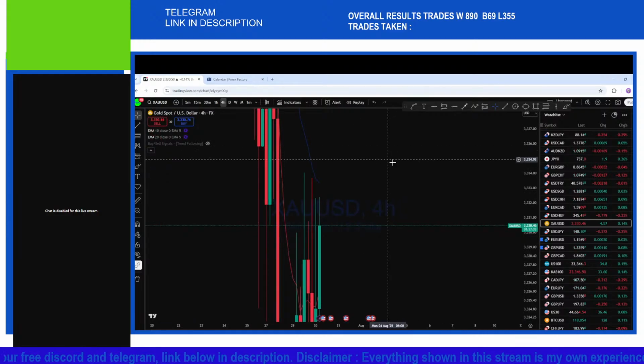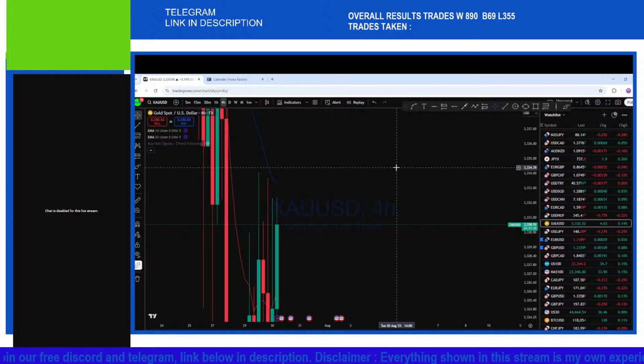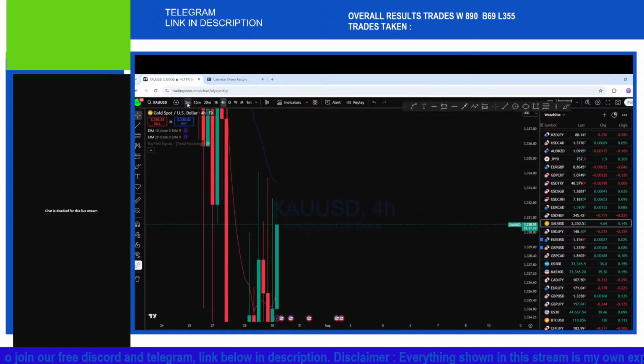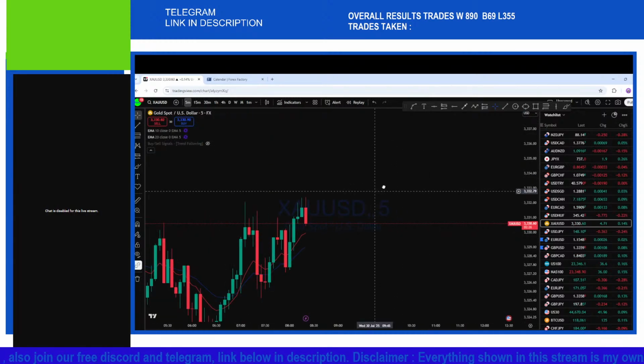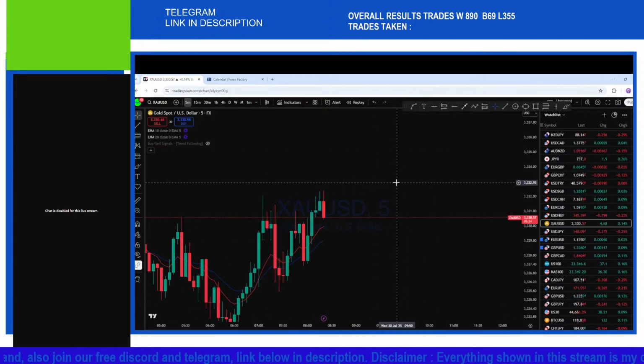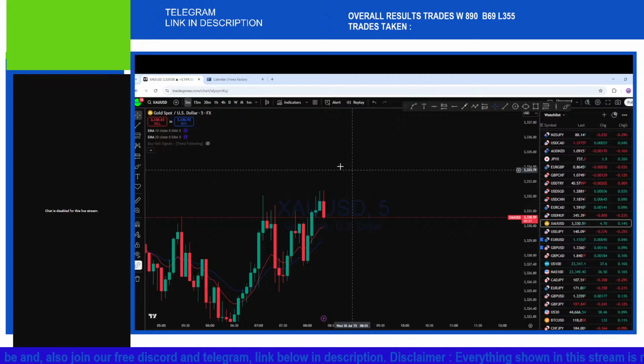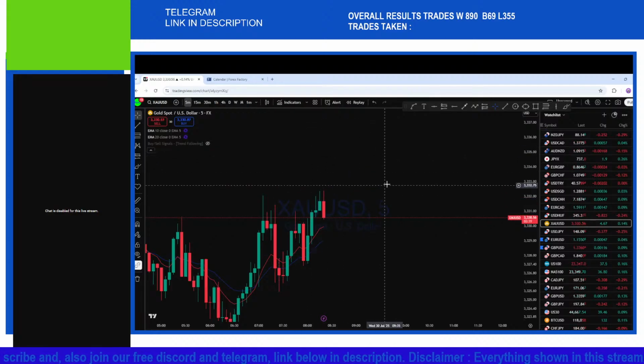Now from the intraday, this is the 5 minutes price action, which is a bearish engulfer.